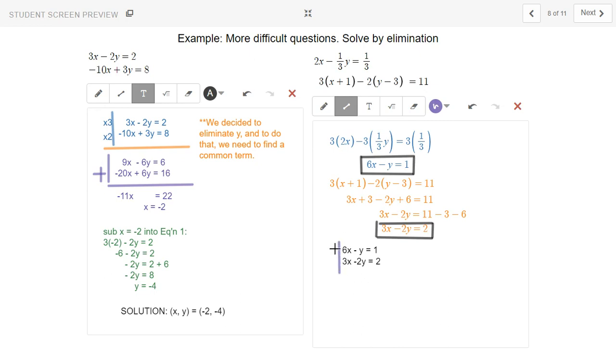I'm going to multiply the second equation by 2 so that I could have 6x as the common term to eliminate. So let's rewrite it. 6x minus y equals 1. And then we have 6x minus 4y is equal to 4.